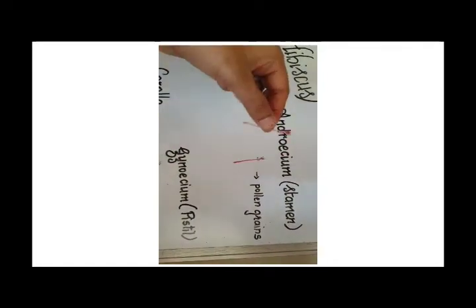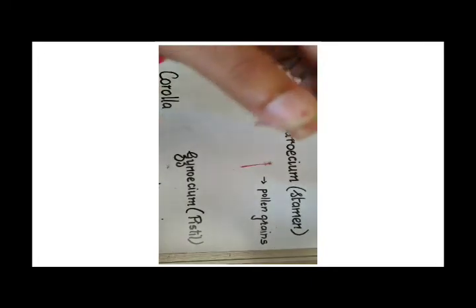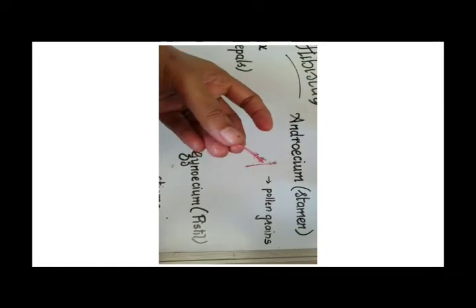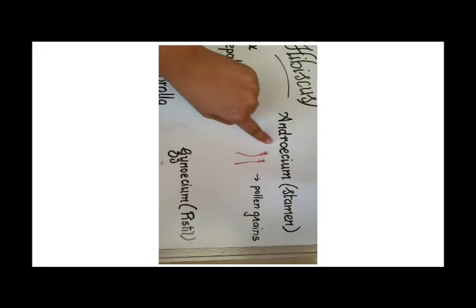So the anthers are present on the tiny filament which you can see. There are tiny filaments with the anther lobe which contains the pollen grains. The pollen grains are very important for the process of fertilization in a flower. So that is known as androecium, the third whorl of the flower.